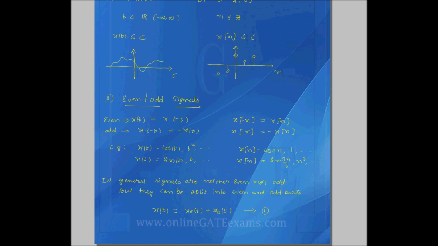The same rule can be applied for discrete time. We will write it on the next page so that it will be clear.